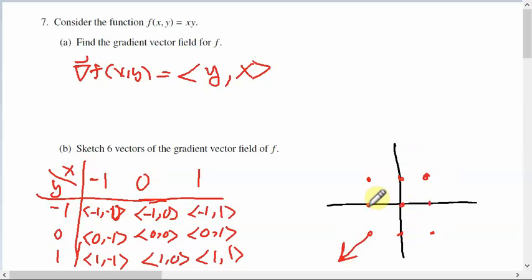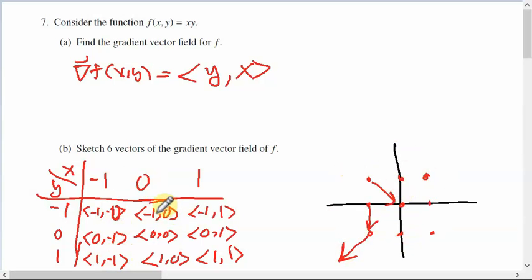That's pointing 0 in the x direction and -1 in the y. So something like that. And then this one is pointing +1 in the x, and -1 in the y. So it's pointing there. Okay, I think I got those right.